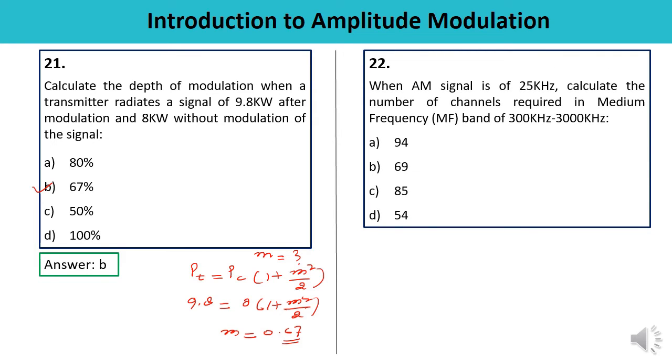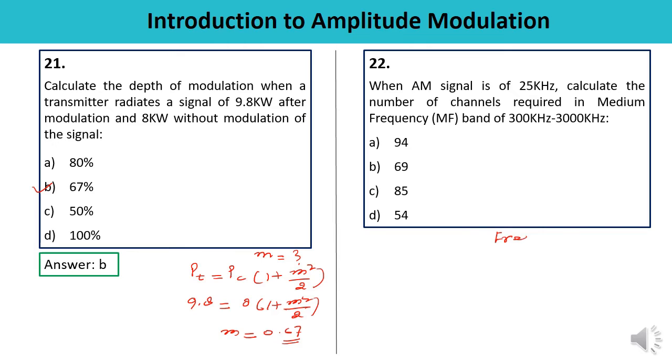In the next question, when the AM signal is of 25 kHz, calculate the number of channels required in the medium frequency band from 300 to 3000 kHz. So here you have to calculate the number of channels required. First let us calculate the frequency available for the medium frequency band.